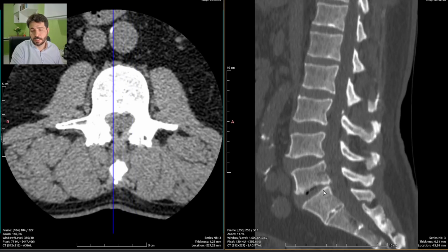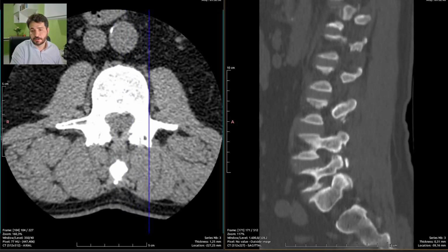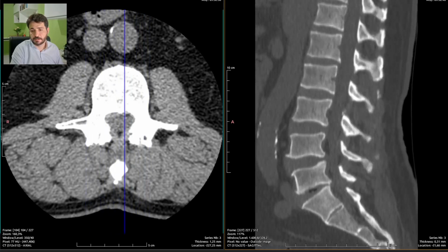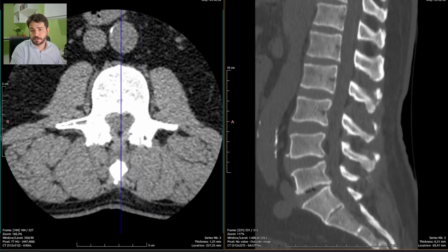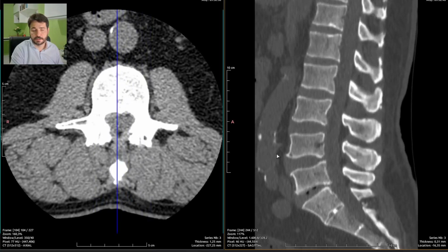This is an end-stage degenerative disease of the disc, so this must be reported. The other segments have also some degree of degenerative disease, so this is chronic degeneration of the discs.